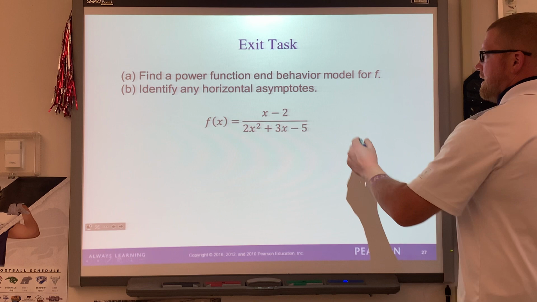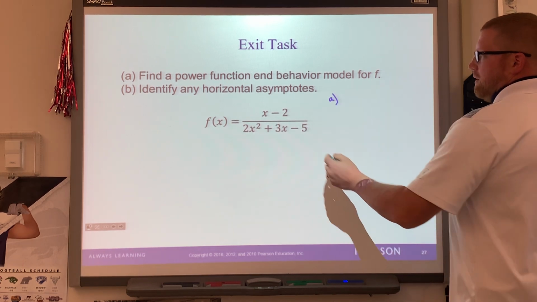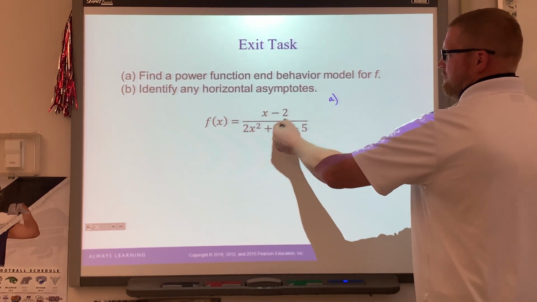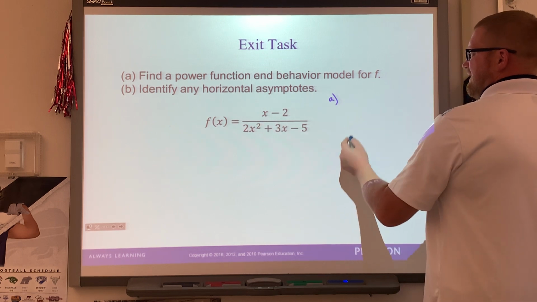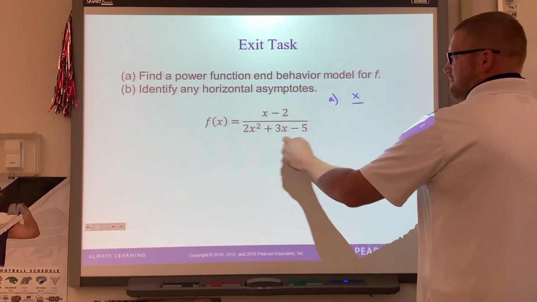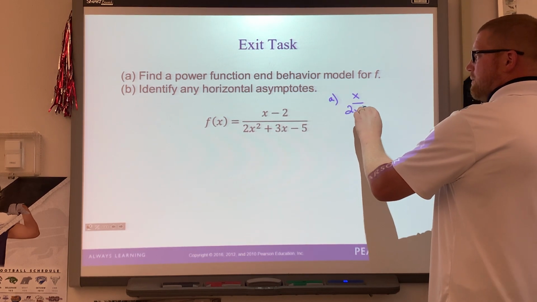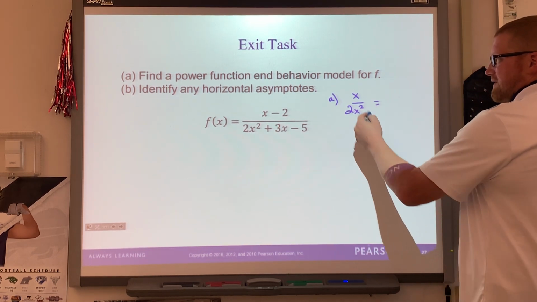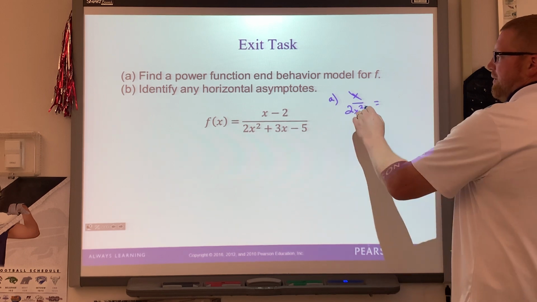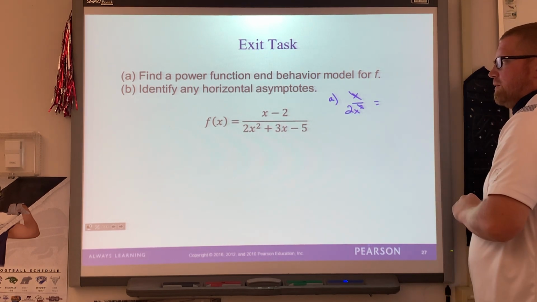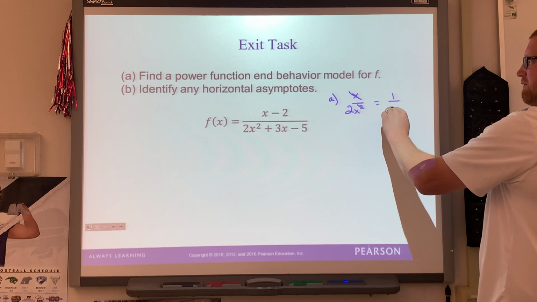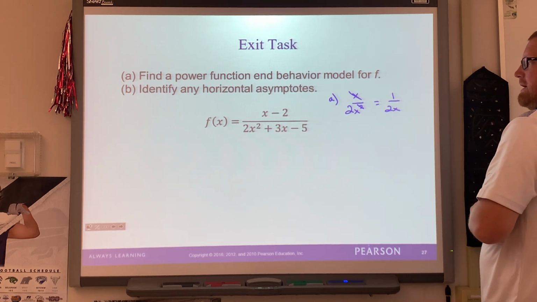In part A, remember, we can find an end behavior model for the numerator, and that would just be x, and an end behavior model for the denominator, and that would be 2x squared. Well, this simplifies. There's a factor of x in both the numerator and denominator that can be removed, and so you end up with 1 over 2x, okay?